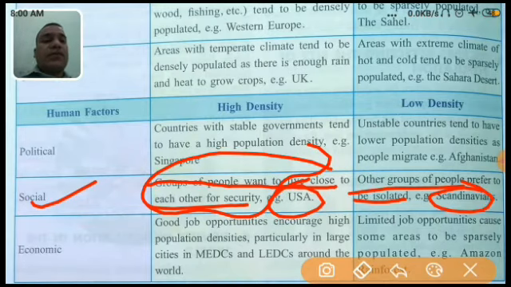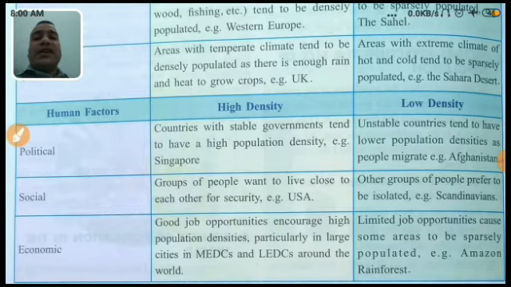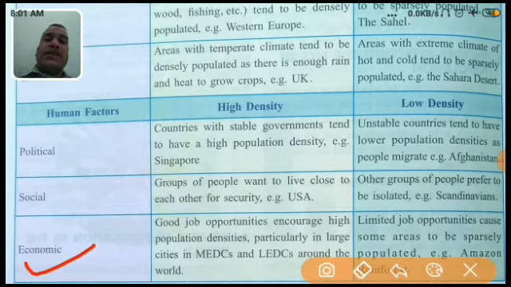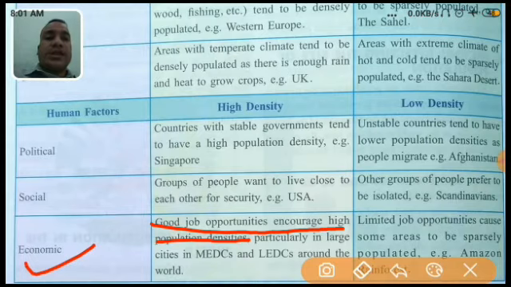Okay, then the last one is the economic factor, which we already discussed. The economic factor is another factor. Good job opportunities encourage high population density. Obviously, I give an example: if more people have jobs, they are attracted towards that area, and obviously the population is increasing, particularly in large cities in MEDCs and LEDCs.